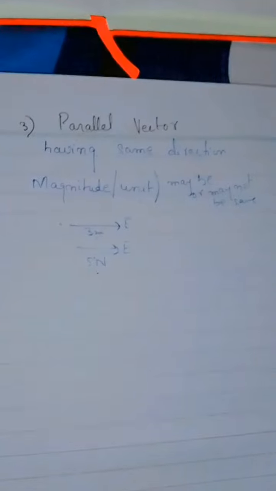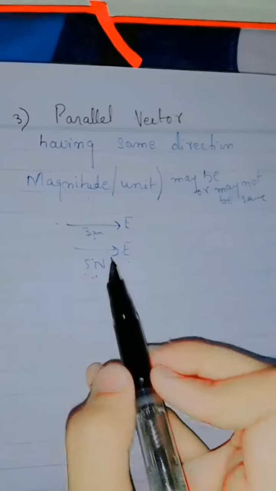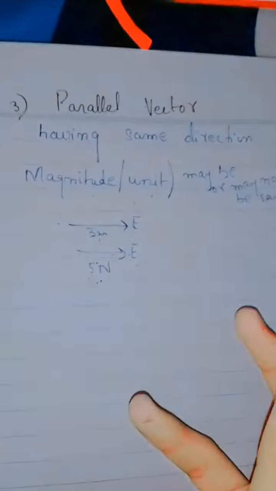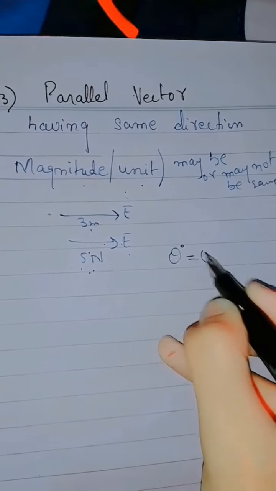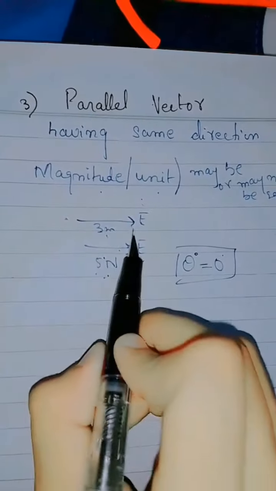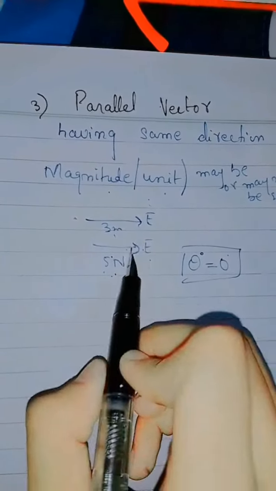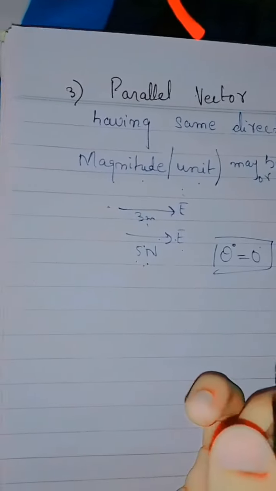The unit and magnitude, as I said, can be same or may not be same, but the direction is same, so that will be called a parallel vector. And in this the angle will be 0. How will the angle be 0? Because both vectors are moving in the same direction, so there will be a 0 angle.